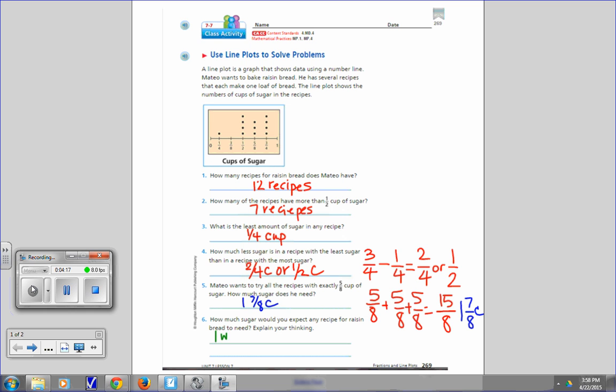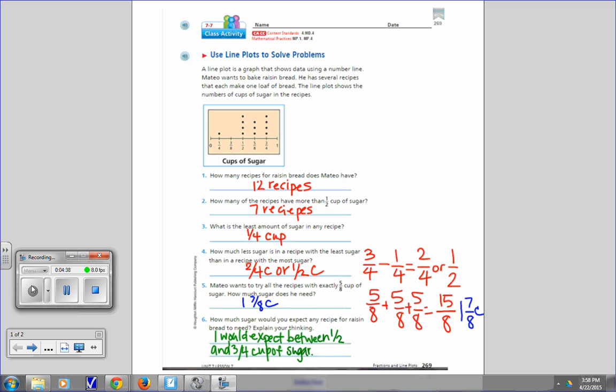I would expect between 1/2 and 3/4 cups of sugar.